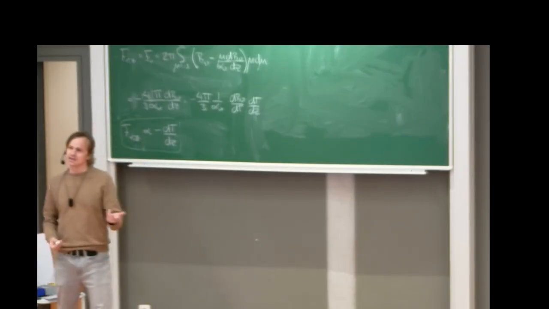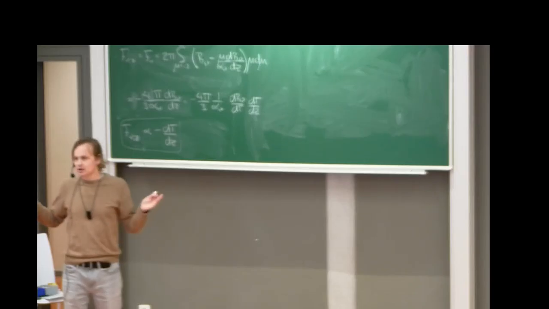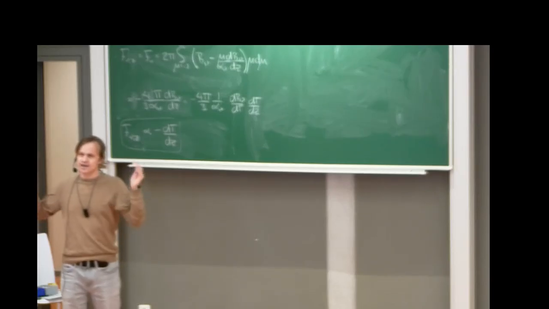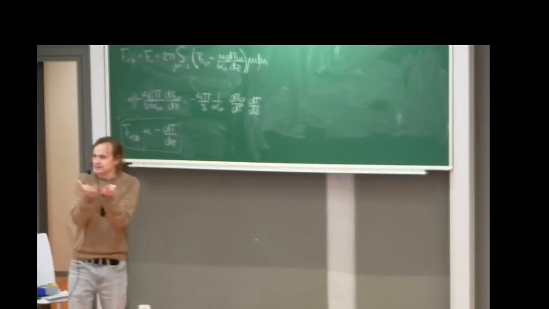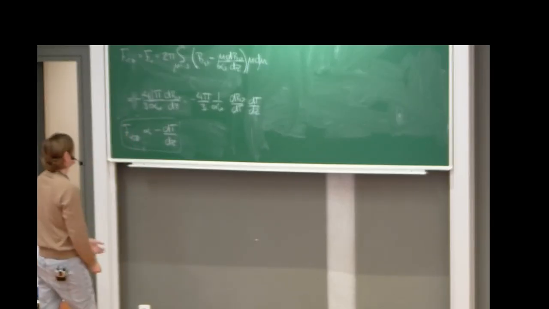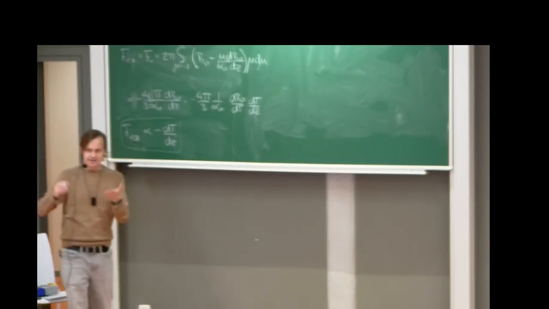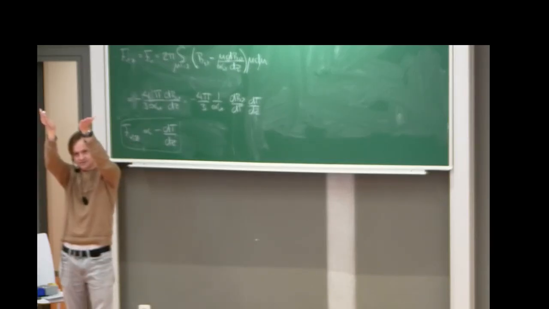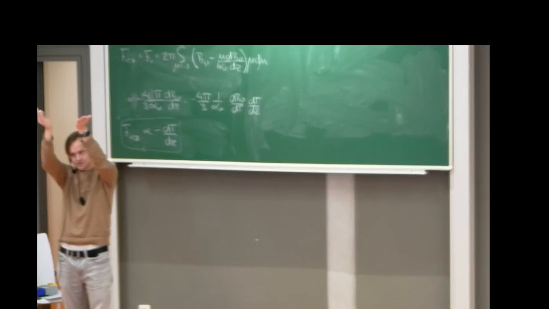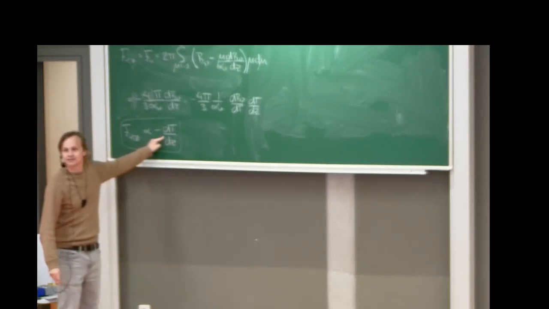So what does this mean? Well, let's say we have our star again, and we want to transport energy from the deep layers out to the surface by means of diffusive radiation. Then the flux has to be positive, right? Upwards. What does this mean for the temperature gradient?